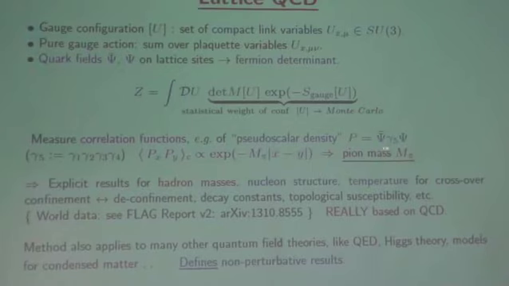And then we can take different densities here and explore different hadron masses, depending on what structure we have here, and also get insight into nuclear structure, the temperature where the crossover, confinement, deconfinement, or restoration of chiral symmetry takes place, get information about the decay constants, topological susceptibility, and so on.